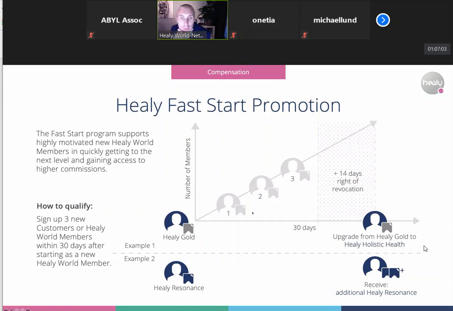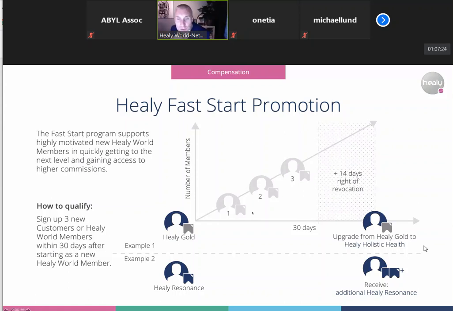You can find 3 people, you can find 6 people in the first 30 days. Then you are getting 2 upgrades. You can find 9 people in the first 30 days. You're getting 3 upgrades. So someone starting with a Gold who finds 9 people has a Healy Resonance then.